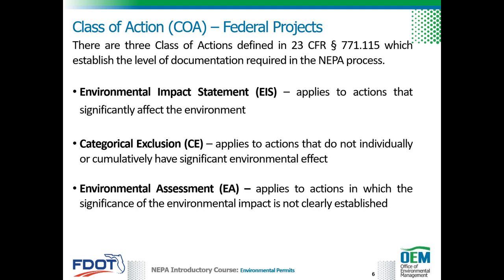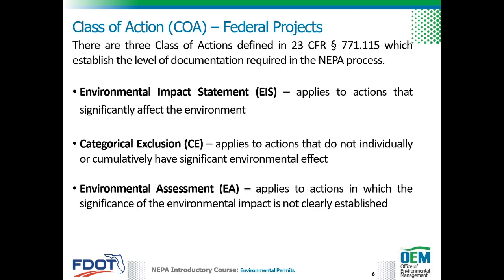There are 3 federal class of actions defined in 23 CFR Section 771.115, which establish the level of documentation required in the NEPA process. The first is an Environmental Impact Statement, or EIS, which applies to actions that significantly affect the environment. The second is a Categorical Exclusion, or CE.